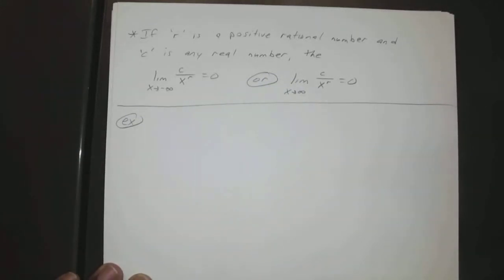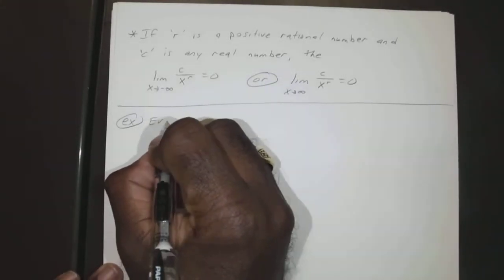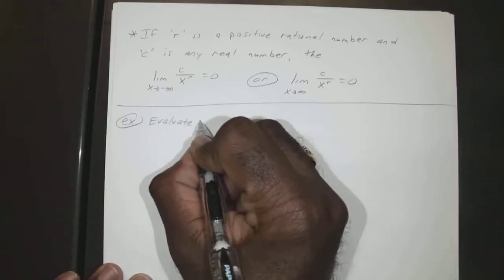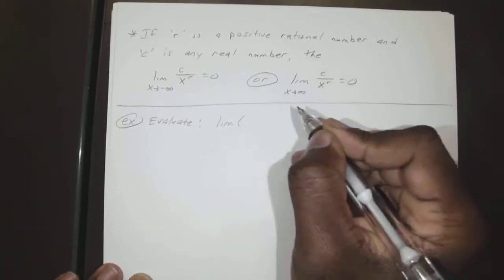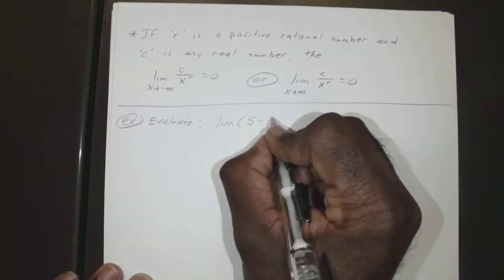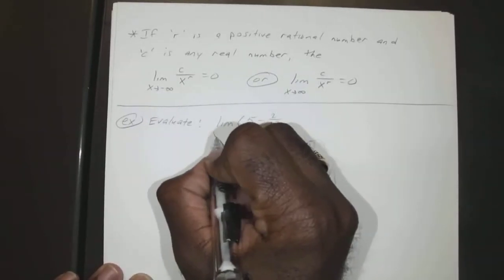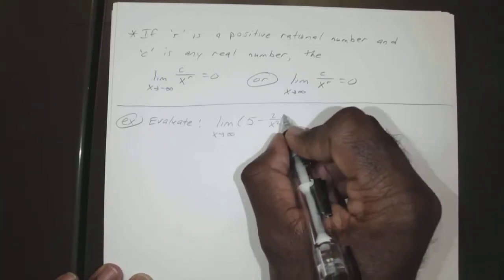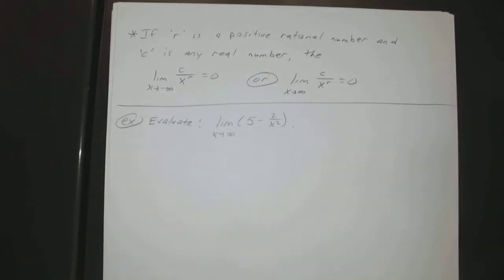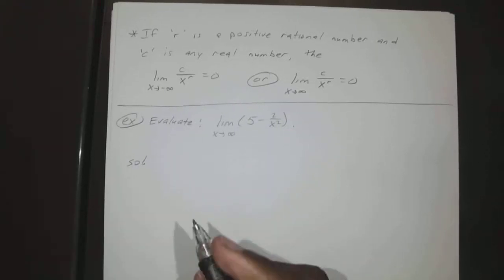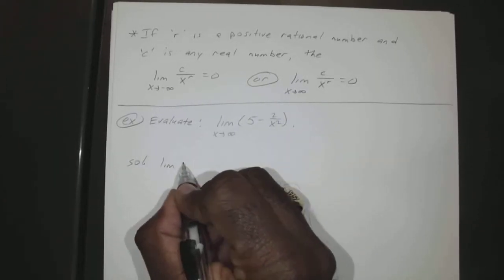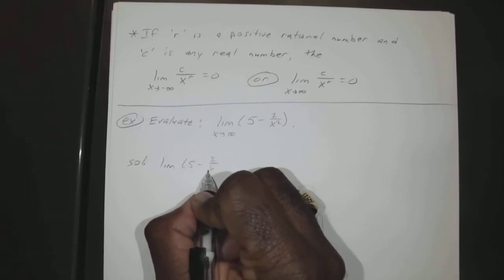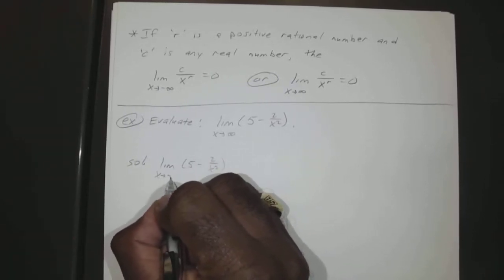Let's say, for example, we wanted to evaluate the limit of 5 minus 2 over x squared as x approaches infinity.